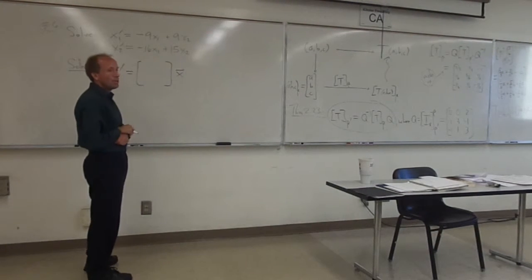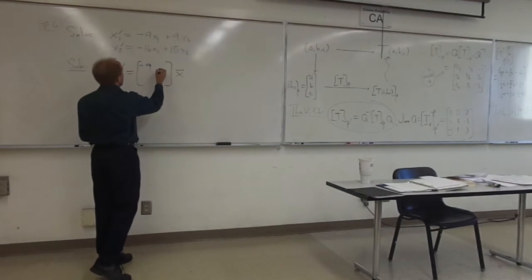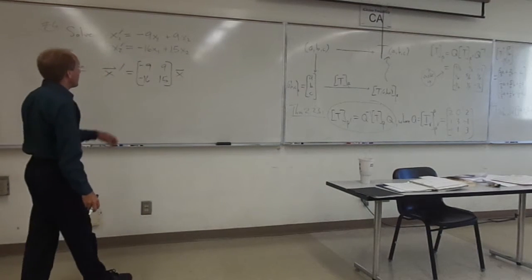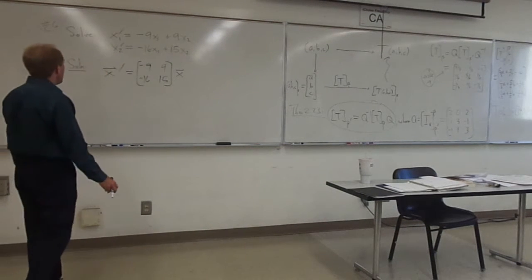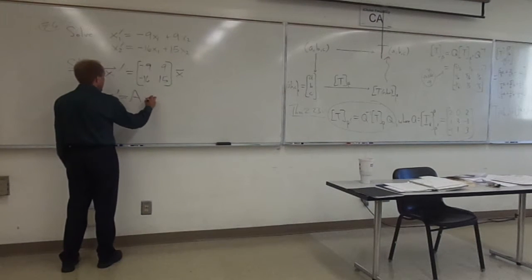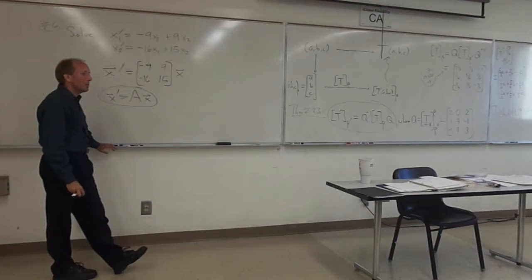What are the entries of the matrix? 9, -16, 15. There we go. So we get that little matrix like that. And so really this is just x prime equals Ax. So you see a linear system and it's in that form.